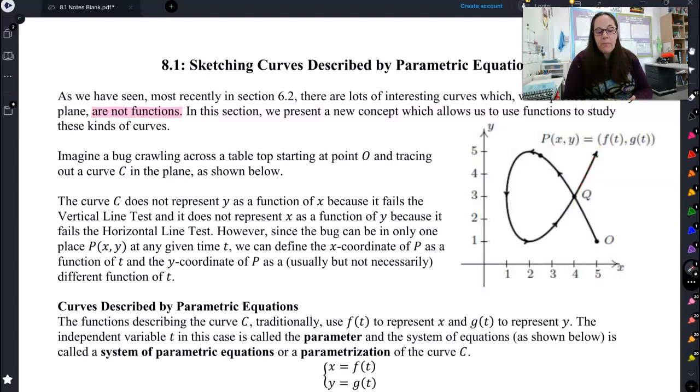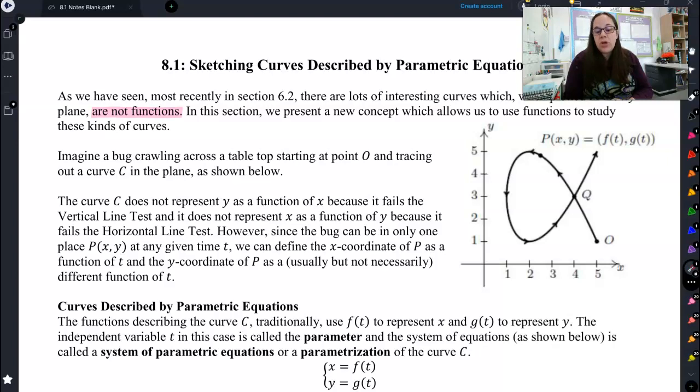However, we could instead think of the bug as being only at one point at one time. So we could define the bug's x-coordinate in terms of what time he's at that coordinate, and the y-coordinate in terms of what time he's at the y-coordinate.